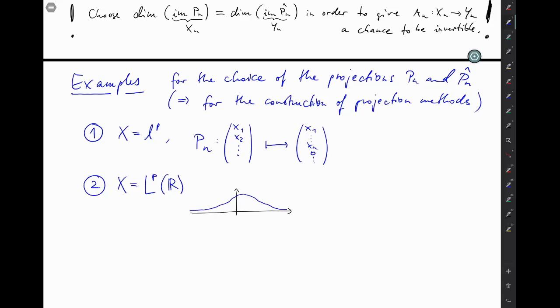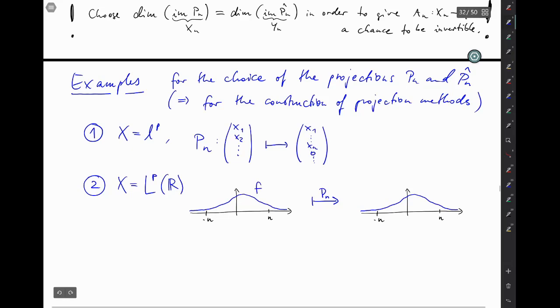And what you could do is you say, okay, I just fix the interval -n to n, and all the data between -n and n will survive, and the rest outside is replaced by 0. So if this is your function f here, then your function Pnf will have a graph like this.